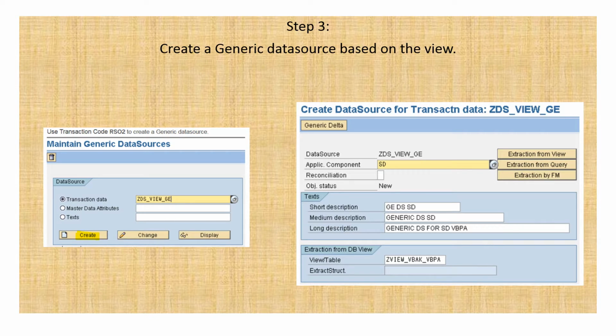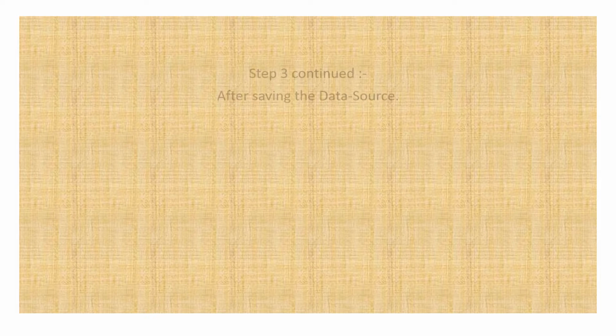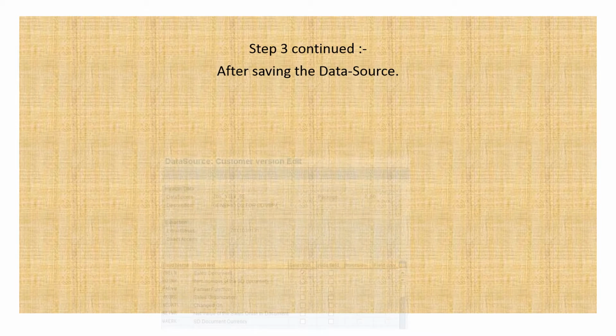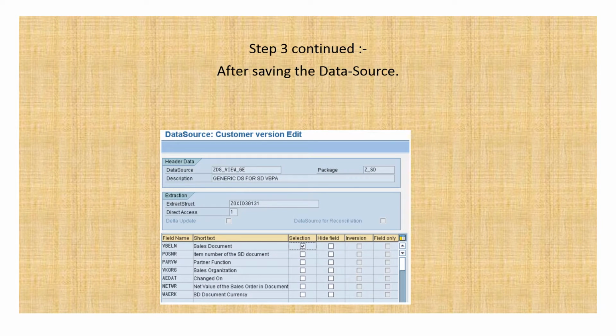Once you click on create, it will pop up on the right-hand side, as in this picture. Here you select the application component and write the text, and below we can see we have given the same view which we created earlier. Once you do this and save it, it will ask for these options.